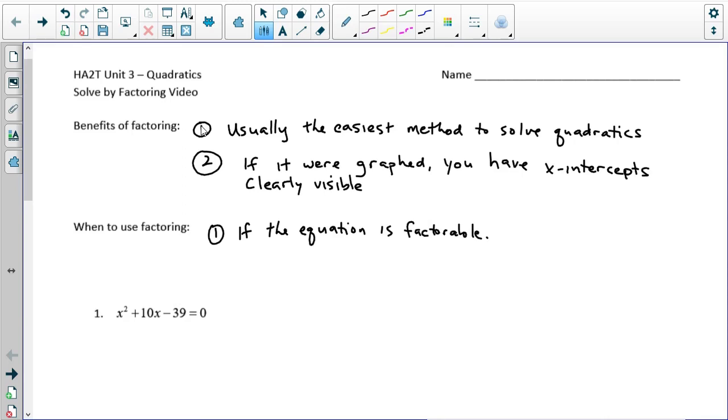If it is factorable, that's usually the best way to go about it, unless the problem tells you specifically that you have to do something else, or there's another benefit to doing one of the other methods. So factoring is probably our go-to method anytime we have an equation that is factorable.